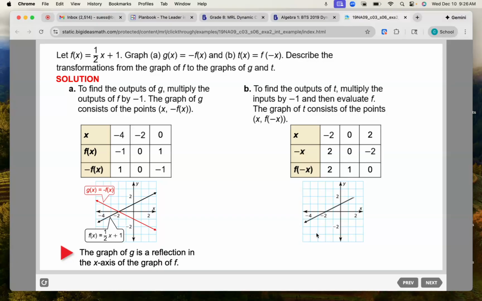All right, let's do the other one. Same original line, so now we're reflecting it. See how the negative is inside the x? So now what line are we reflecting on? The x line, which means across the y-axis. So if I'm on negative 2 on the x, where am I going to reflect it to? Positive 2 on the x.